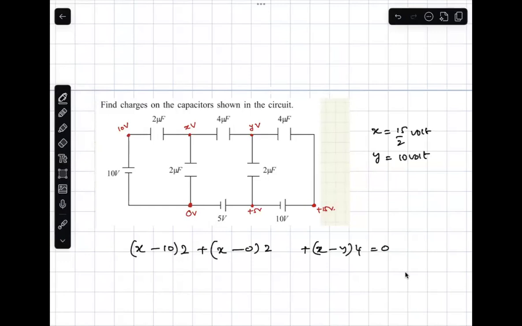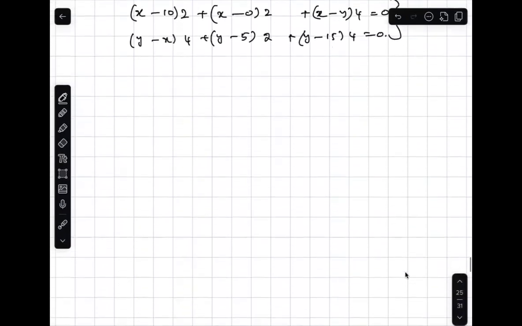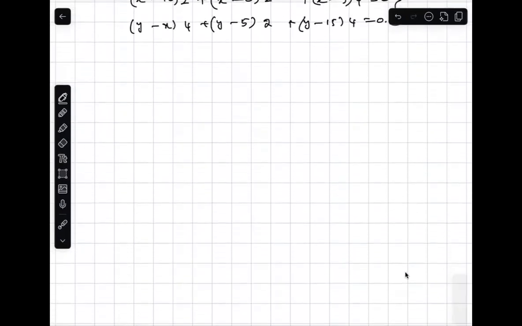Similarly, you will apply for y minus x times 4 plus y minus 5 times 2 plus y minus 15 times 4 is equal to 0, solving which you will get that relation. Right. So you know how to do the nodal method.